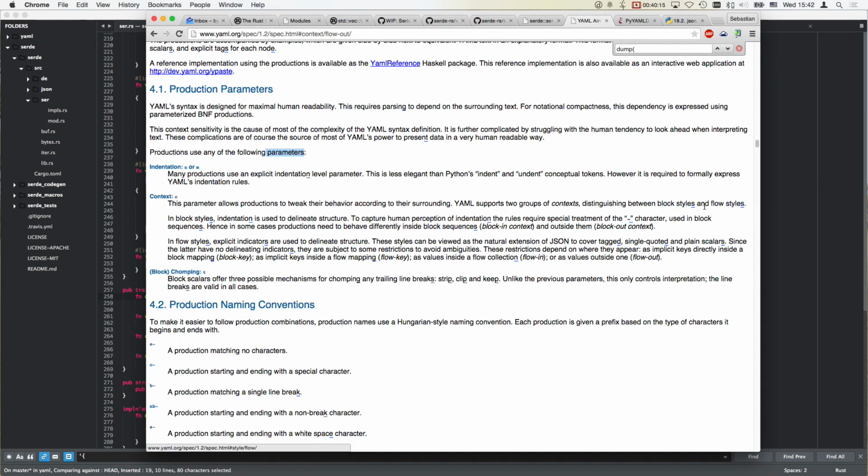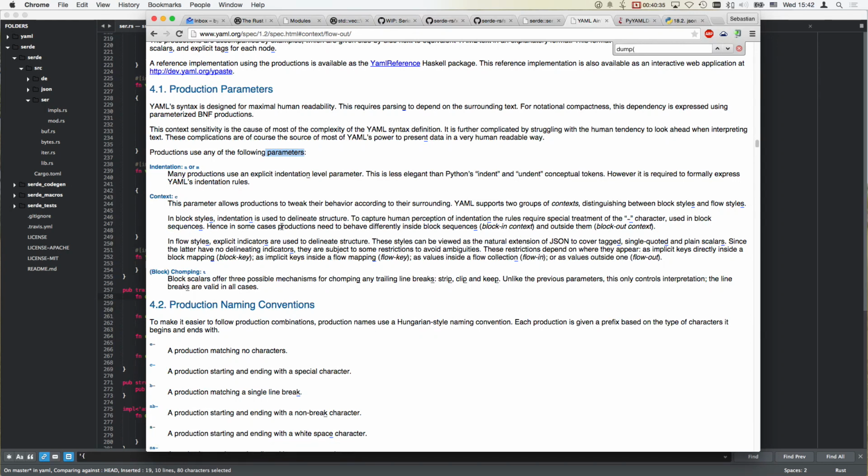Okay, I think this is really what I want to understand here. In block styles, indentation is used to delineate structure. To capture human perception of indentation, the rules require special treatment of the dash character used in block sequences.